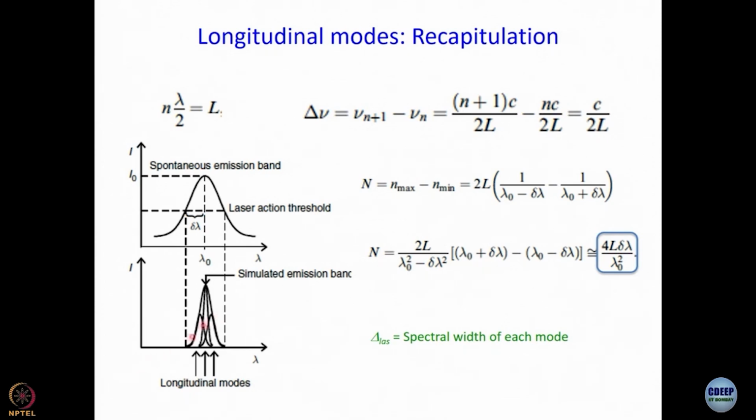This is another thing that we have studied. If this is the spectrum of stimulated emission, how many longitudinal modes are there? The answer was capital N equal to approximately 4L delta lambda divided by lambda 0 square. What is lambda 0? Lambda 0 is the wavelength where the spectral maximum occurs. And what is delta lambda?